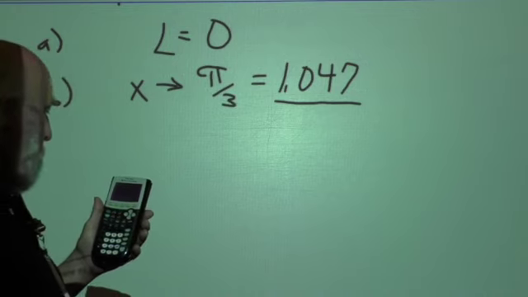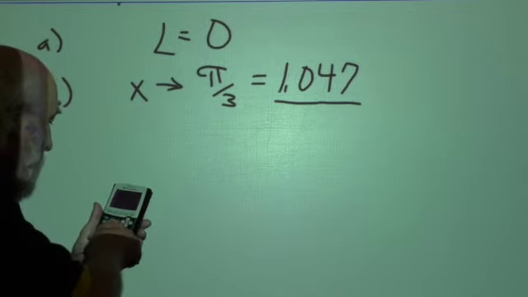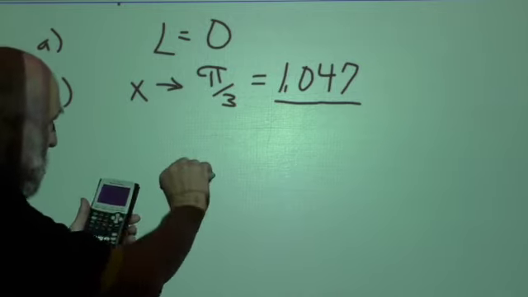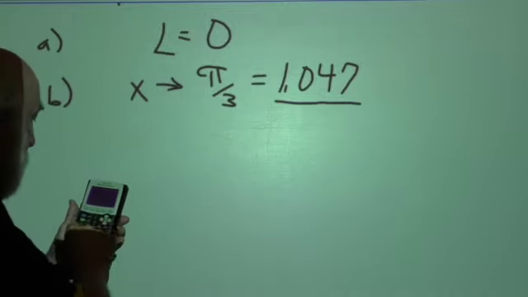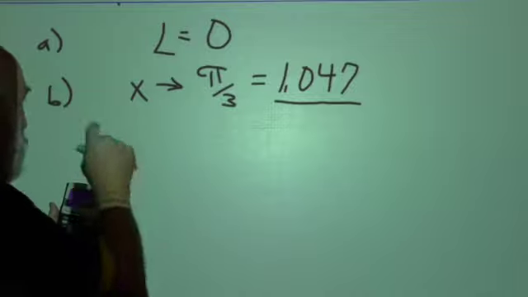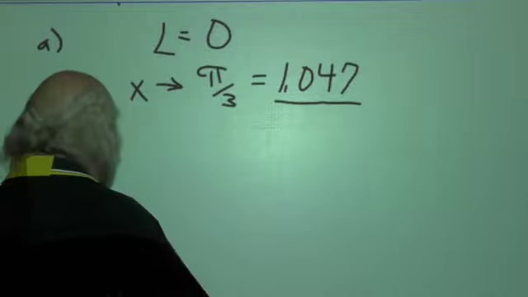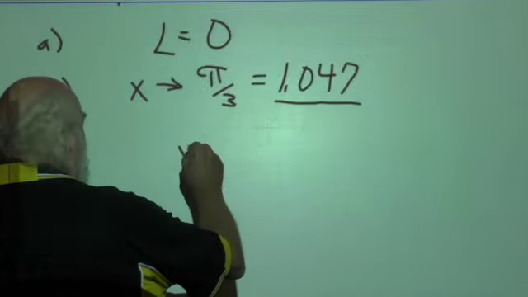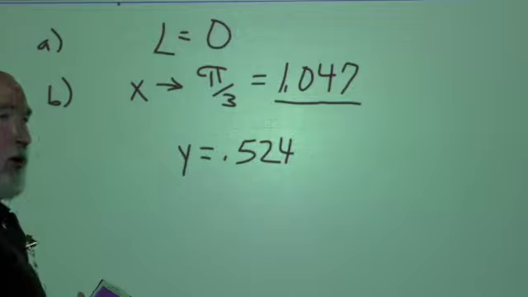And this might be very close to what I need. Hit trace, and because I'm at 1.05, which is a little bit to the right of where I want to be, I'm going to hit the left arrow. And 1.047 is right there, and round it off, and that gives me 0.524. So y equals 0.524. And that turns out to be the correct answer.